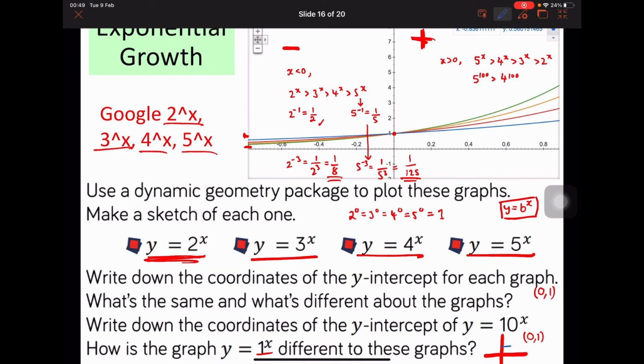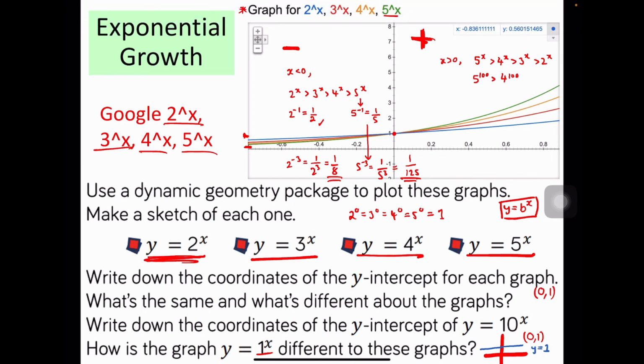It will just go through 1. Regardless of the x value, it would just go through 1 all the time. So this is the graph y equals 1. And so as you can see, the shape is completely different to these exponential curves we have on the screen.